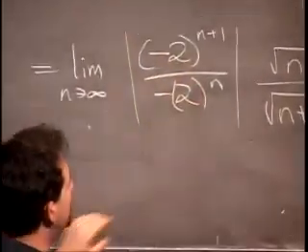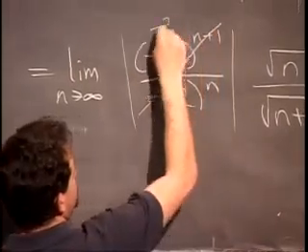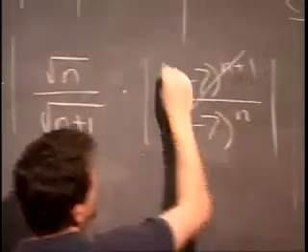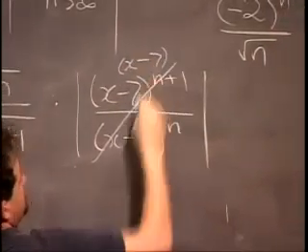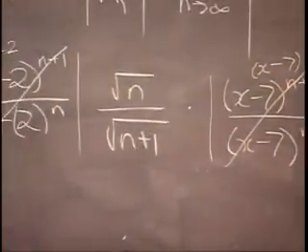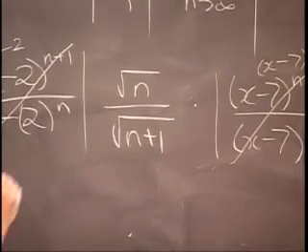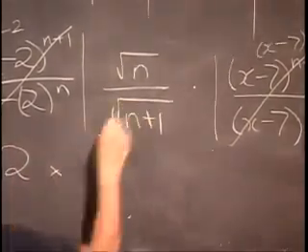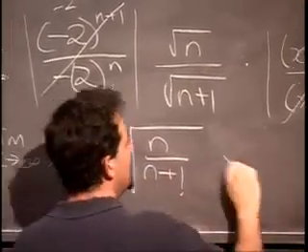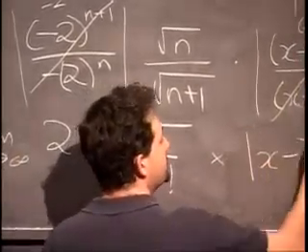This just becomes minus 2. And this just becomes x minus 7. So the absolute value of minus 2 is 2. The square root I can write as n over n plus 1. And here I have the absolute value of x minus 7.